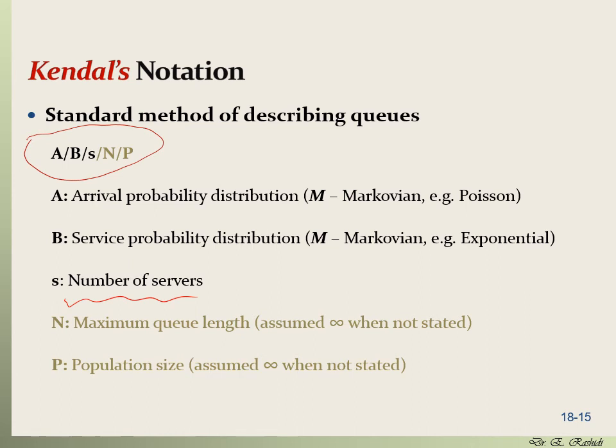N stands for the maximum queue length. By default, it is assumed to be infinity. If it's not stated, that means it's infinity. And P stands for the population size. Again, if it's not stated, that means it is infinity.